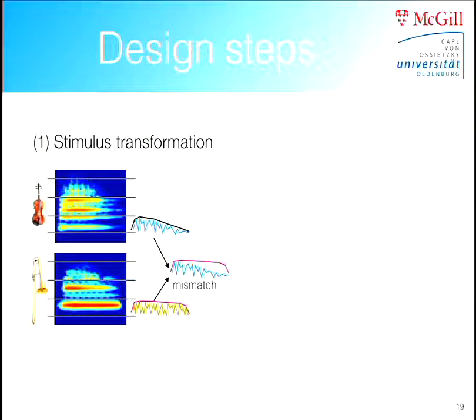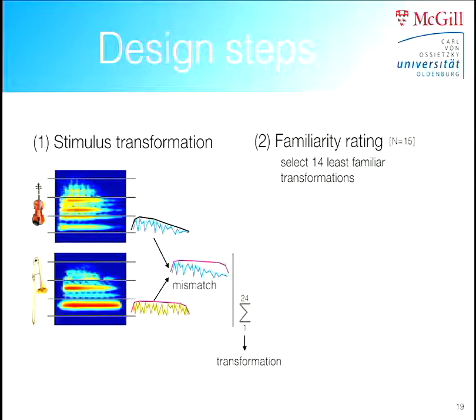We took the fine structure of one sound and combined it with the temporal envelopes of another sound per band. Then you sum it all up and you get something that sounds really weird, with flanging effects.